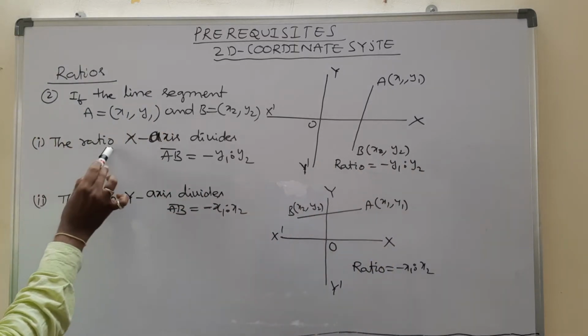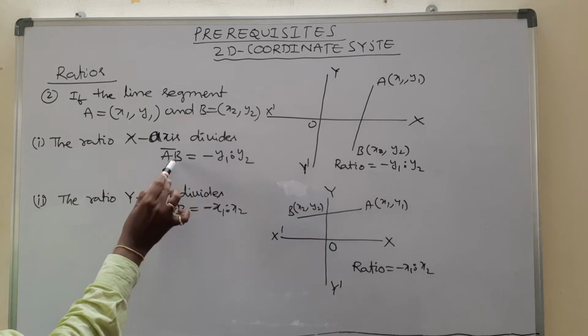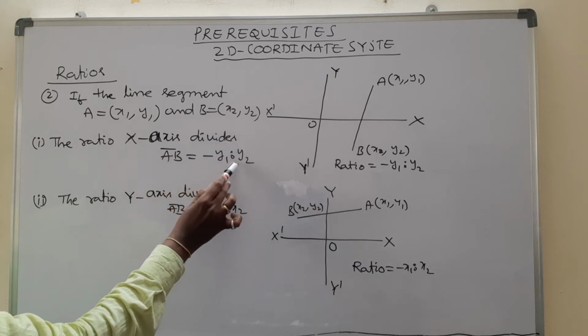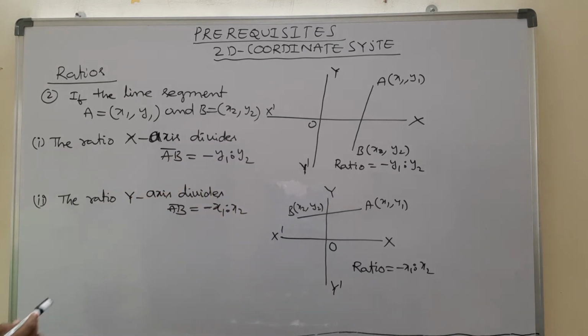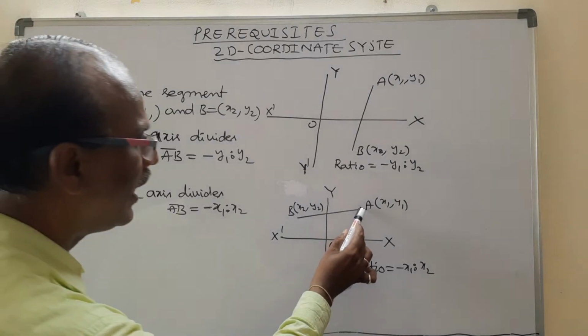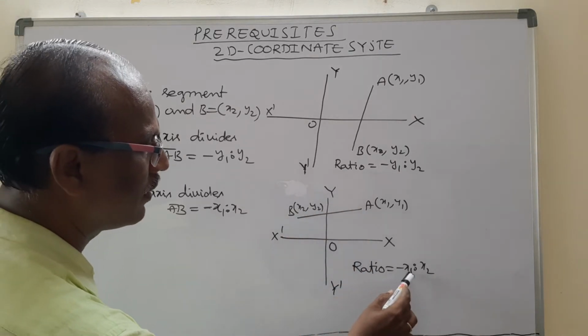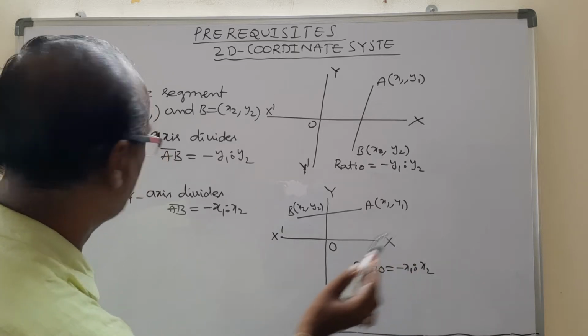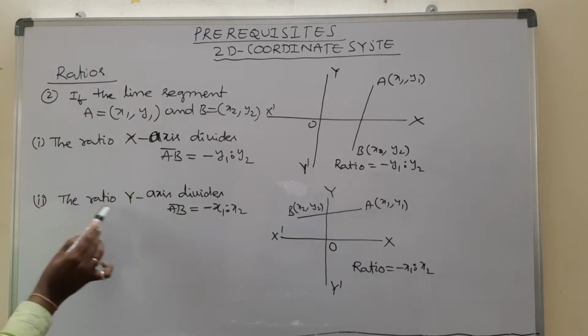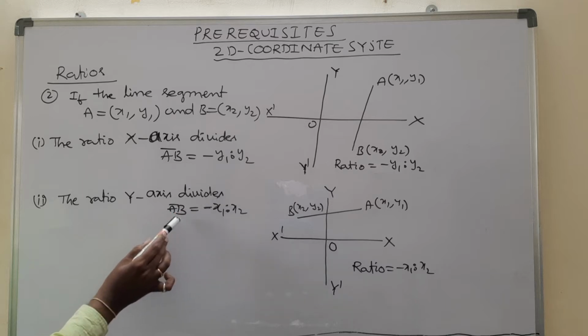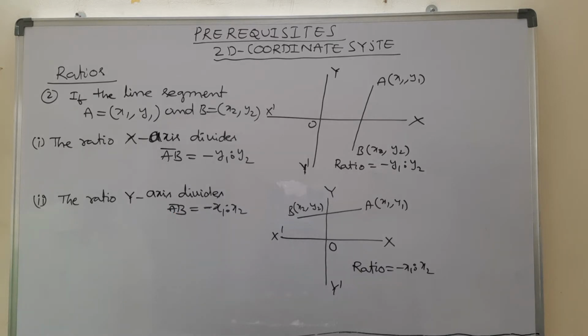Here, the ratio in which the x-axis divides AB is equal to minus y1 is to y2. If the line segment AB is divided by the y-axis, then the ratio is minus x1 is to x2. The ratio in which the y-axis divides AB is equal to minus x1 is to x2.